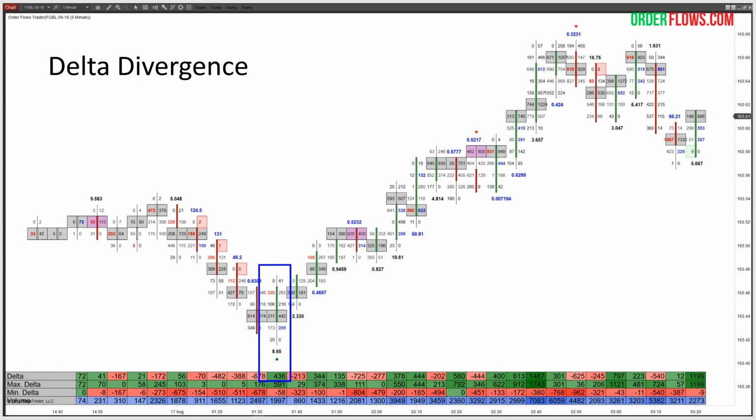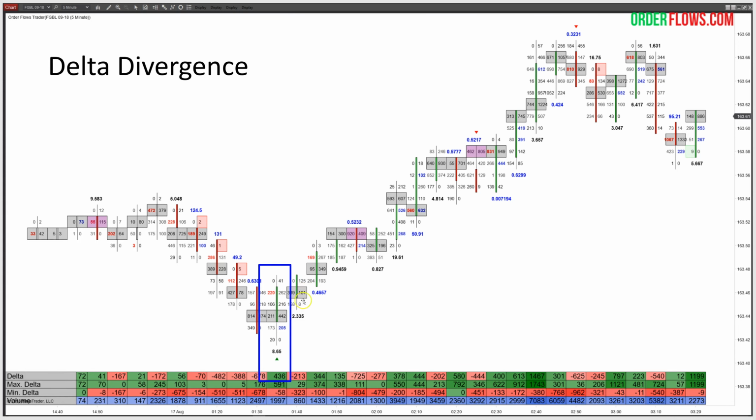Because a new low with a down candle, a red candle, a bar that closes lower than where it opened, is still negative in that sense. There's still selling going on, but with a green candle I know that there's buying coming in. The bar is closing positively. That's the difference between the Orderflows Trader software and a lot of the other software that has a divergence tool. They don't take into account that piece of price action when looking for a divergence.